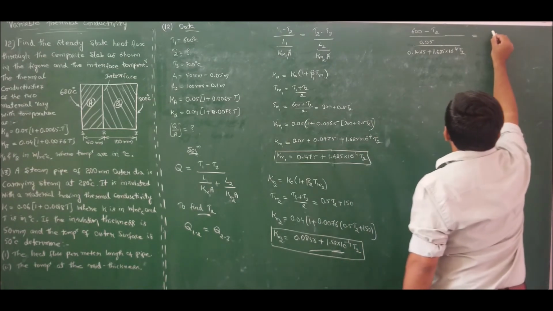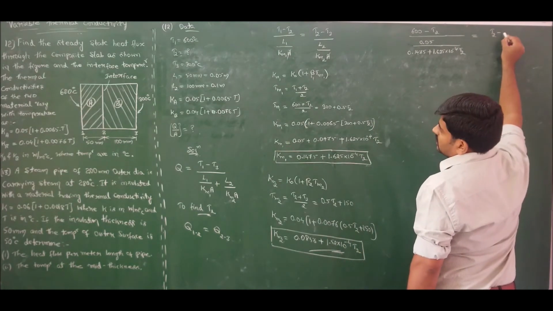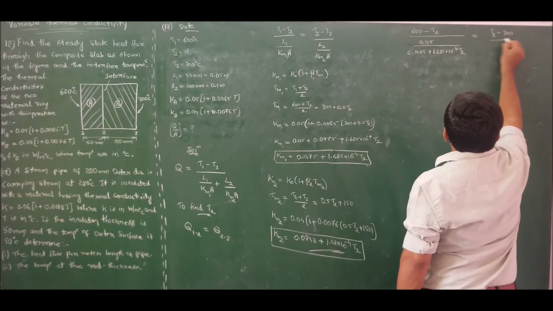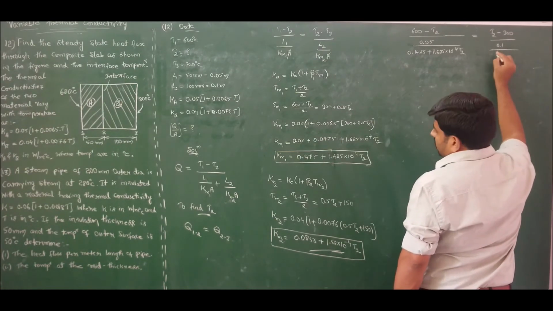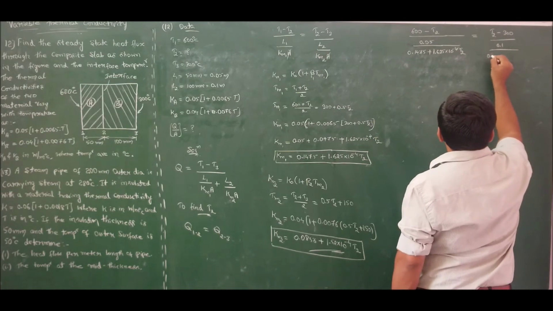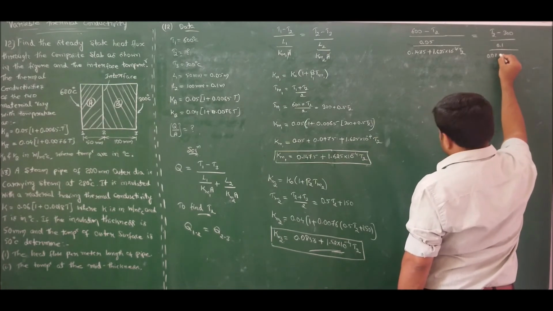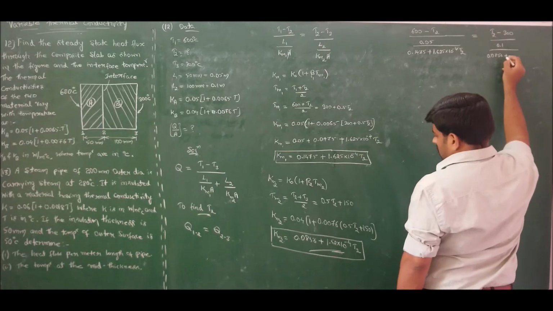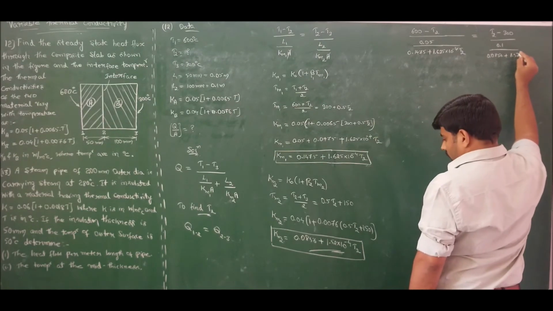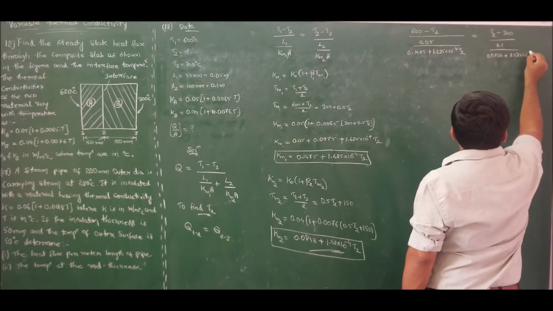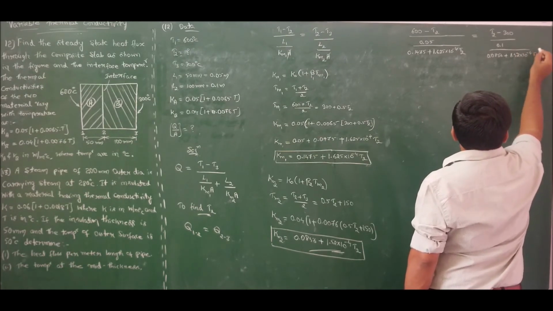This must be equal to (T2 unknown, T3 is 300) divided by L2, which is 100 mm, that is 0.1, divided by K mean 2, which is 0.0856 plus 1.52 into 10 to the power of minus 4 T2.